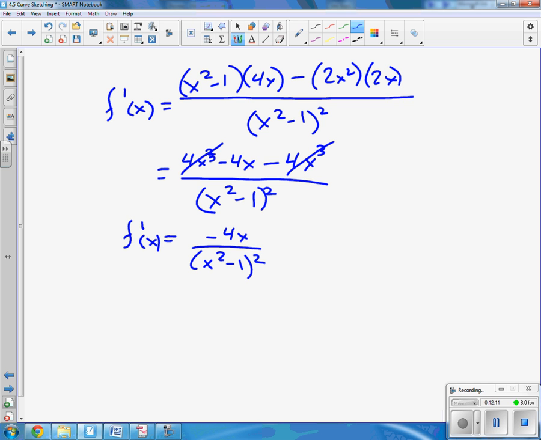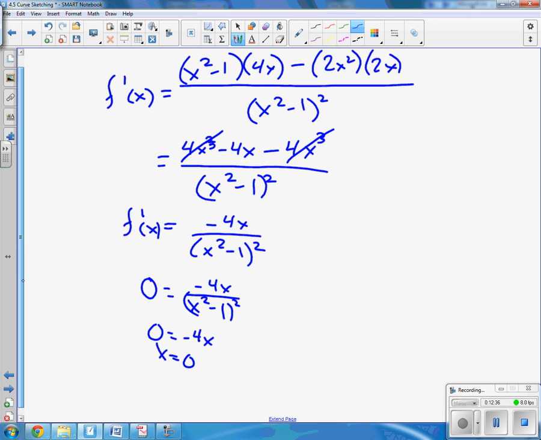Okay, and to determine where it's increasing or decreasing, I have to know what intervals to look at. So this is going to equal 0 when the numerator equals 0. So that's going to happen when x equals 0. So I'm going to take a look at the intervals from negative infinity to 0 and from 0 to positive infinity.